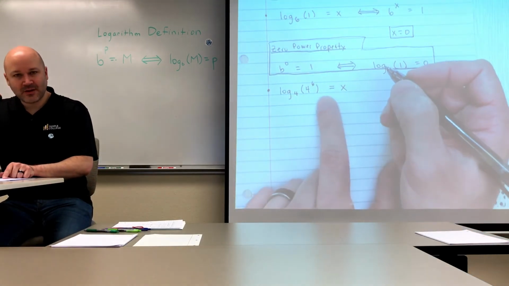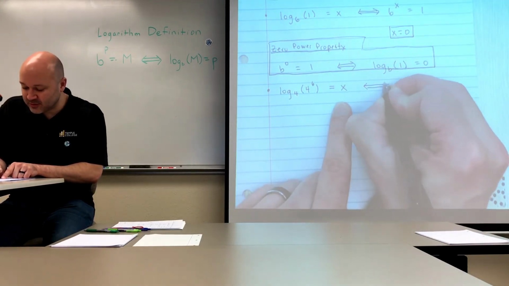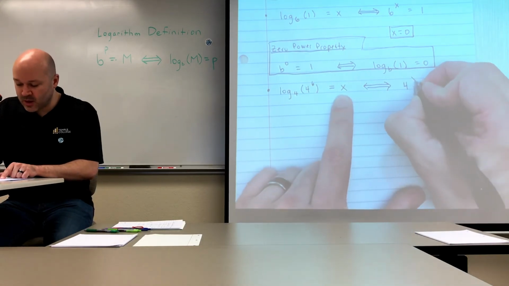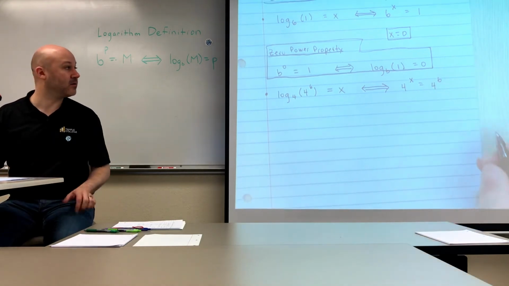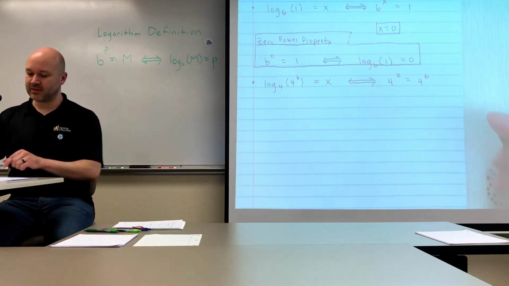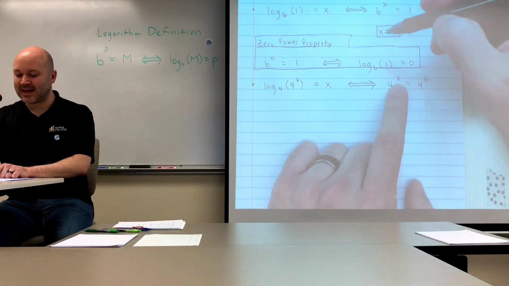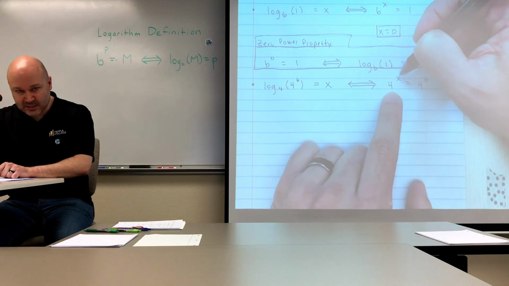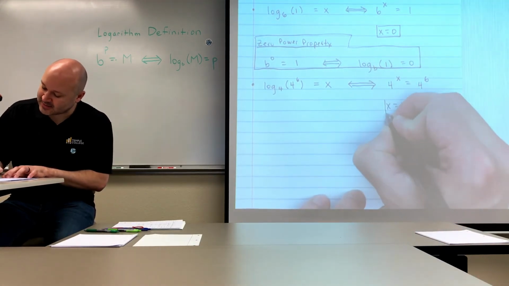Here I have a logarithmic equation, and I'm going to rewrite it as an exponential equation. Base 4 being raised to what power will give me 4 to the 6th power? Well, if this equation is true, and my bases are equal, then that x must be equal to 6. 4 to the 6th power would be equal to 4 to the 6th power. So I claim it's x equals 6.